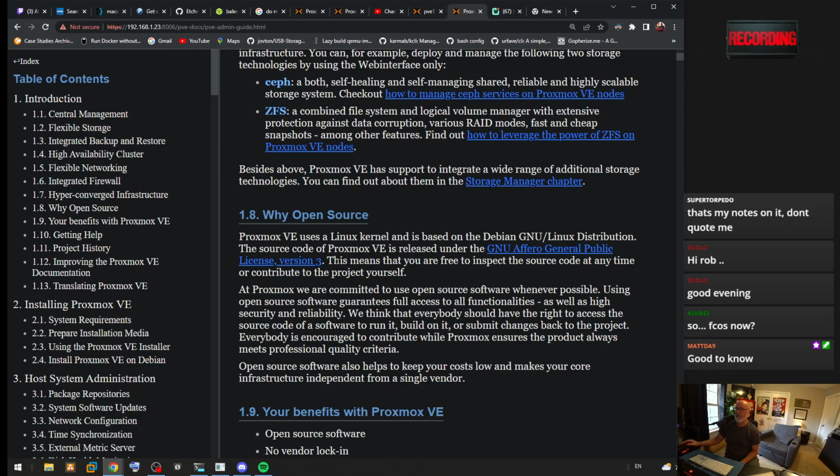I'm glad I read that. That's really important. One of the reasons I wanted to use Proxmox or ESXi is I wanted to be good in the enterprise. There are no job listings for Proxmox, but there might be eventually.